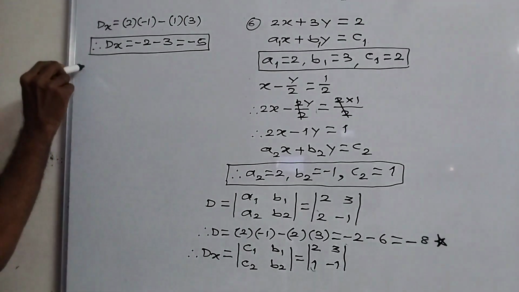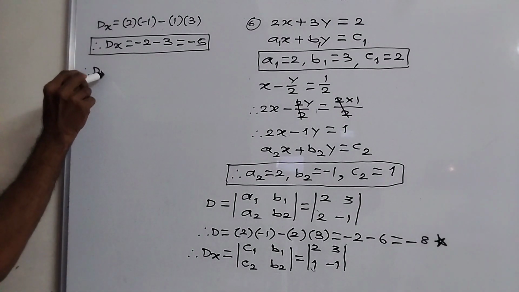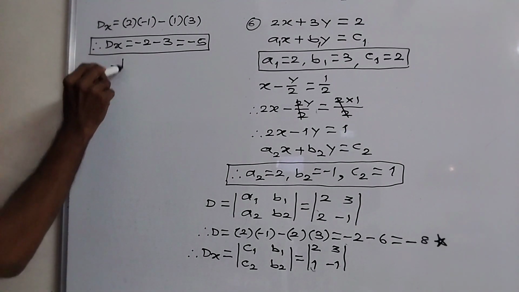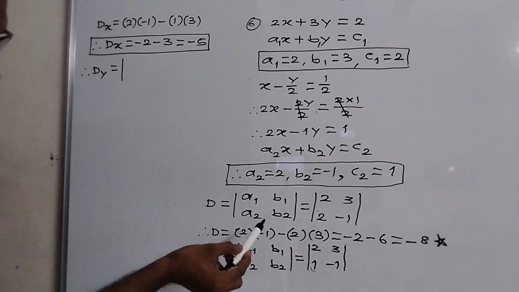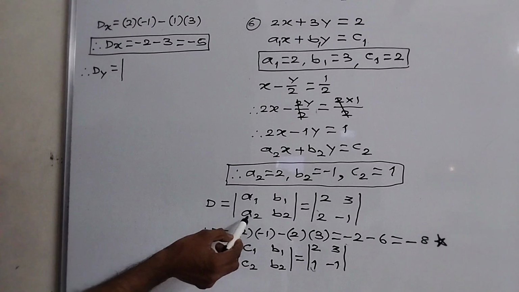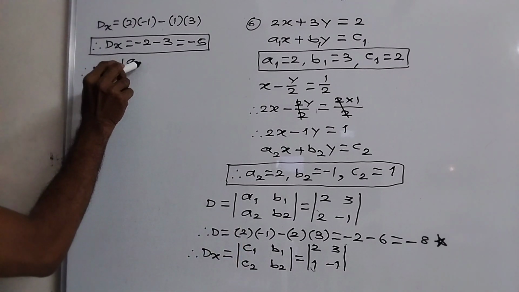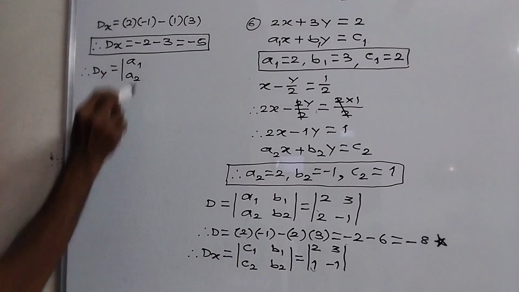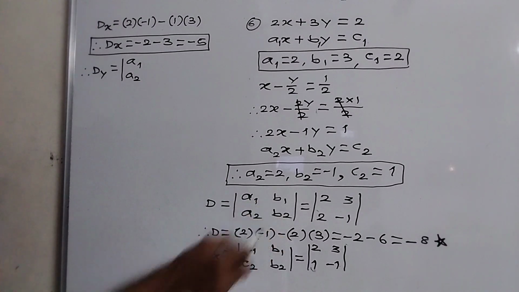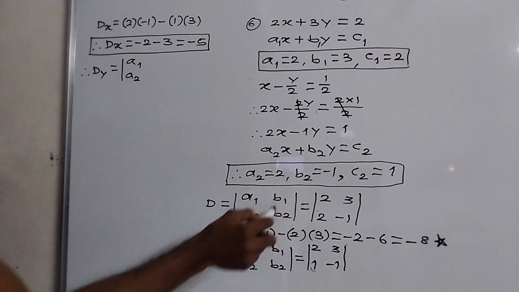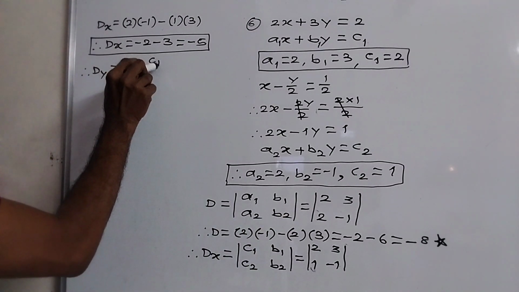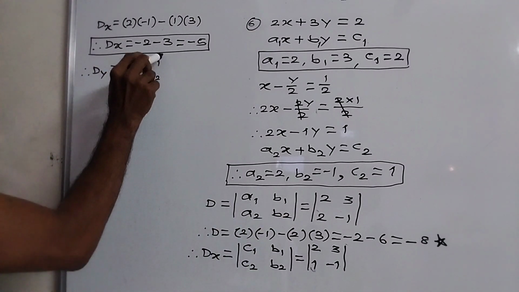Now we find the determinant of y. Determinant of y means dy. dy is equal to, now we write a1, a2 the same as they are, but instead of b1, b2, these are the coefficients of y, so instead of this we write c1, c2.